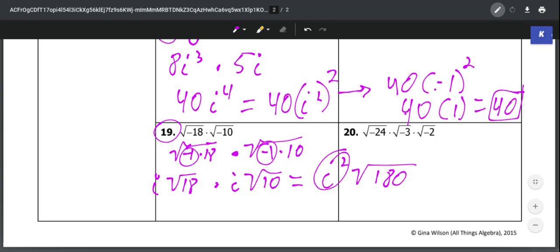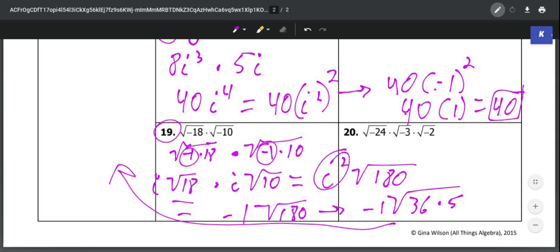I know that i squared is -1, so this is going to equal -1 square root of 180. And I can break down 180. Let's say I'd have negative 1 on the outside, and on the inside I'd have the square root of 36 times 5.